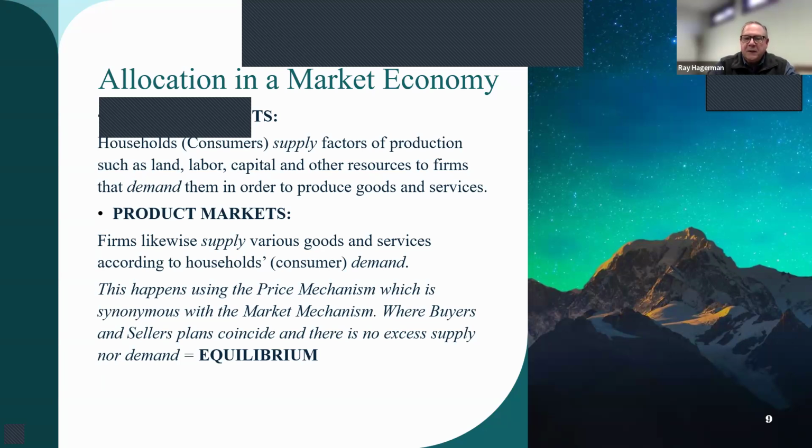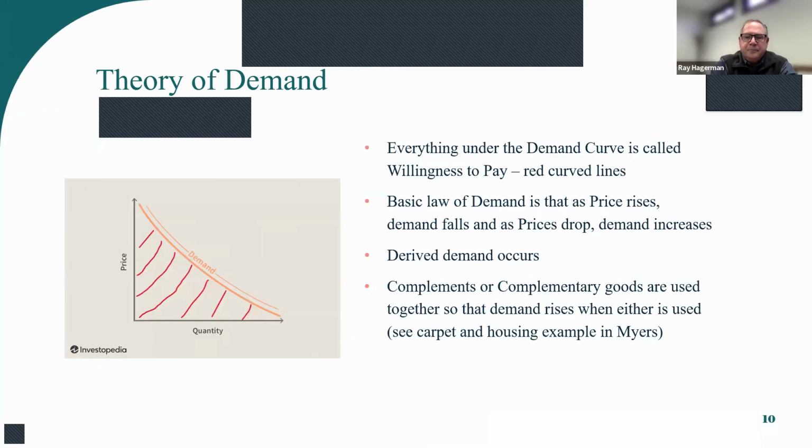It happens using the price mechanism, which is another word for market mechanism, where buyers' and sellers' plans coincide and there's no excess supply and there's no excess demand. What do we call that? We call it equilibrium. It makes sense that buyers and sellers would find a place where they can meet, where there's no excess supply or excess demand. Again, that's really an impossibility, but in a perfect world, it does exist, and we call it equilibrium.